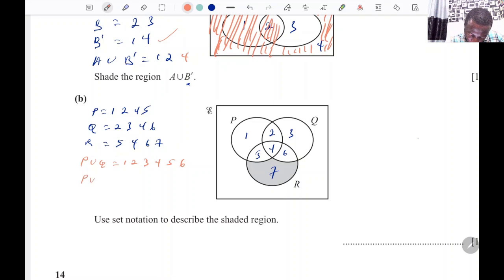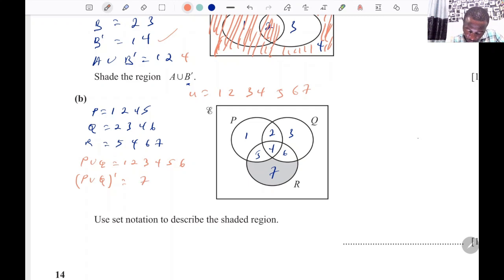P union Q complement will give me, if I take my universal set as 1, 2, 3, 4, 5, 6, 7, and I exclude this, I'll have 7 left.